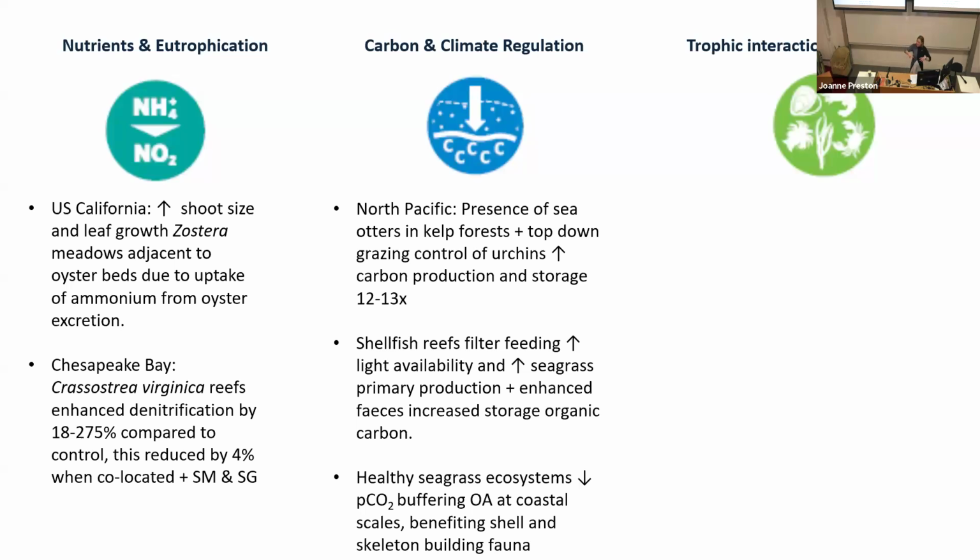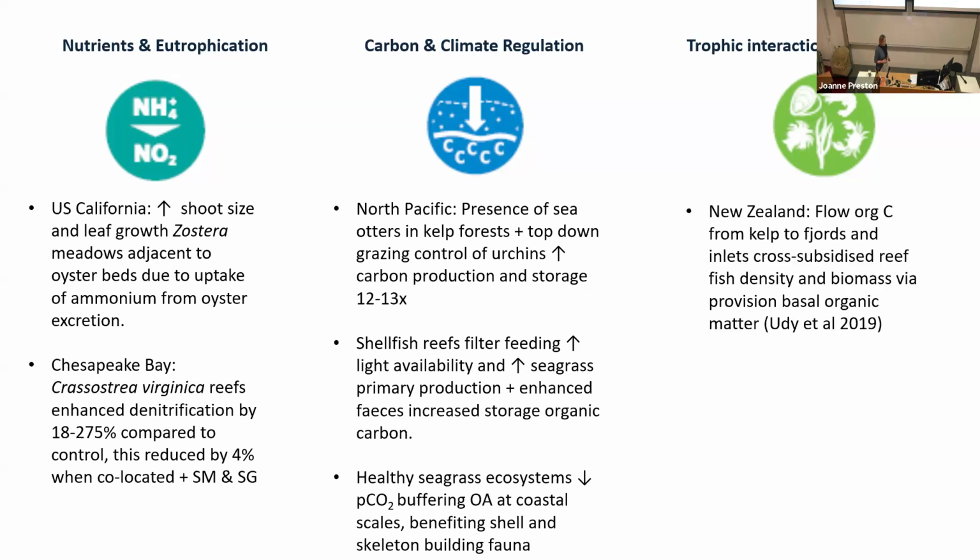And what is exciting, this happens at sometimes ecosystem scales. So healthy seagrass systems can reduce the partial pressure of carbon dioxide, buffering ocean acidification effects at coastal scales, benefiting shell and skeleton building fauna.